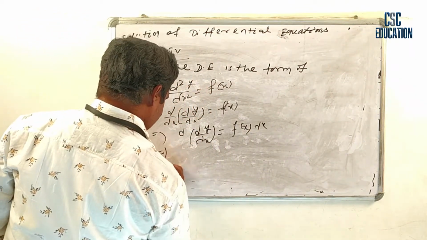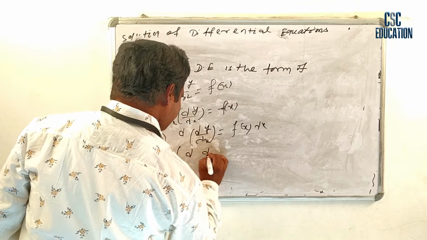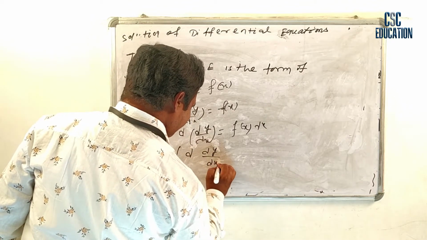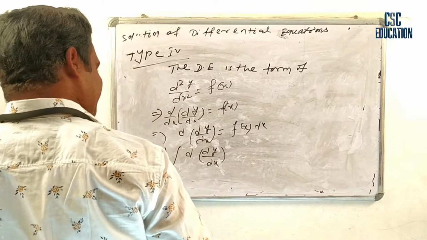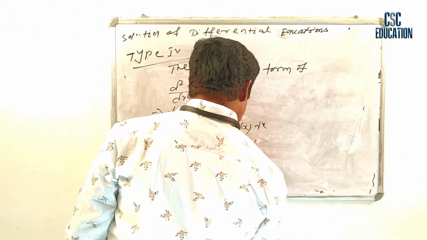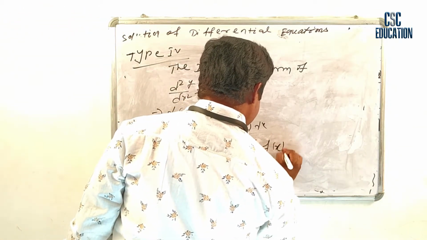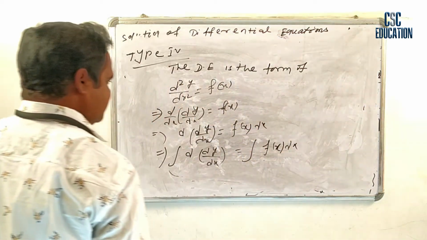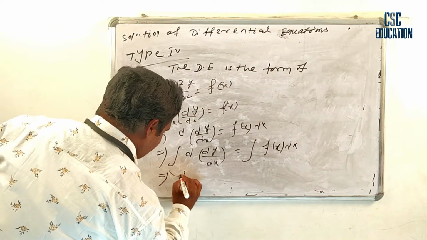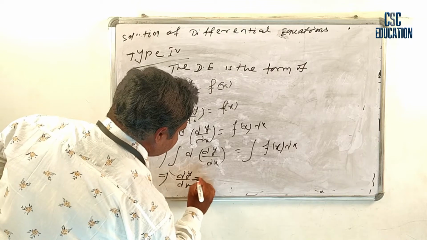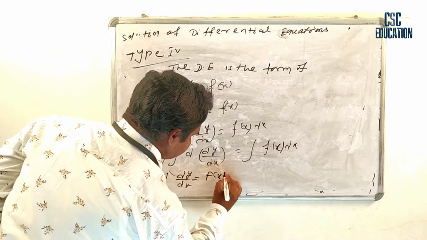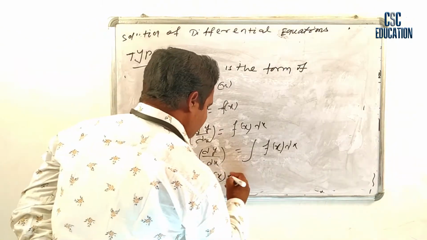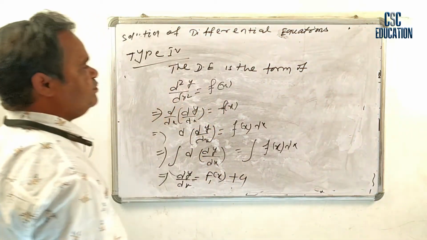Now integrating both sides, d of dy by dx equals the integral of f of x dx. So dy by dx equals f1 of x plus c1.